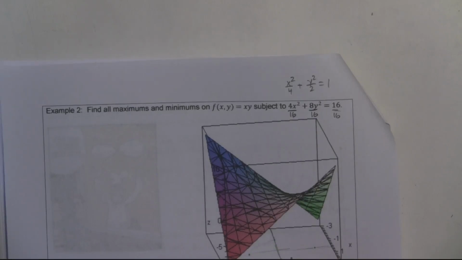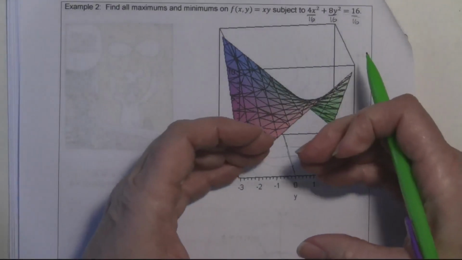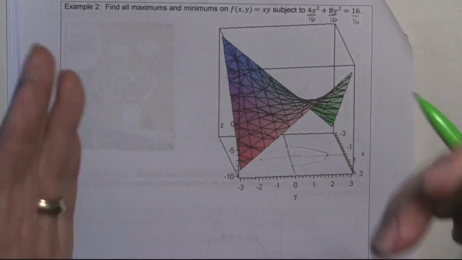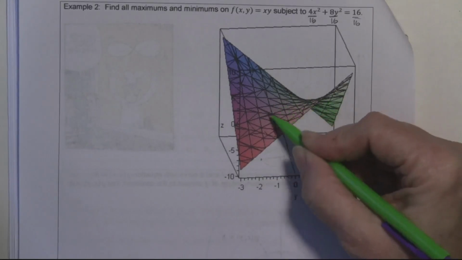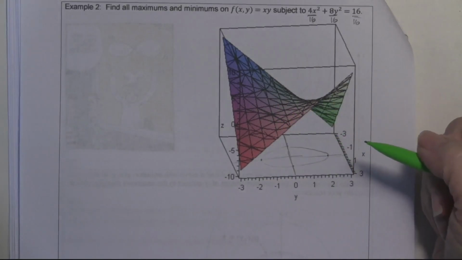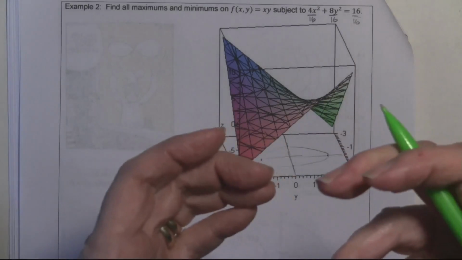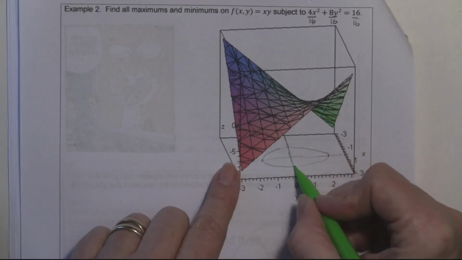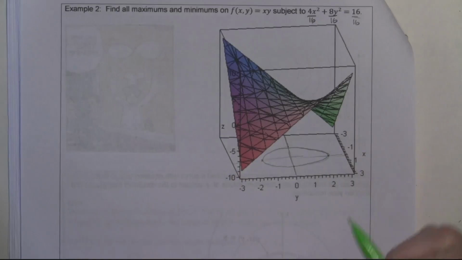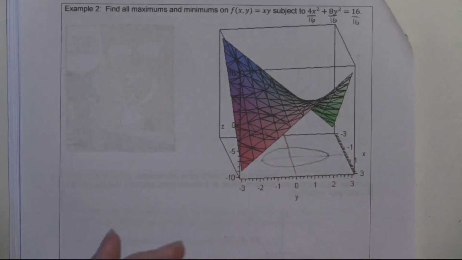So we have this ellipse, and that's our constraint, and we're projecting that up until it hits our curve, our surface, and we're looking at what's the highest value for z that is contained here. That's what we're looking for.